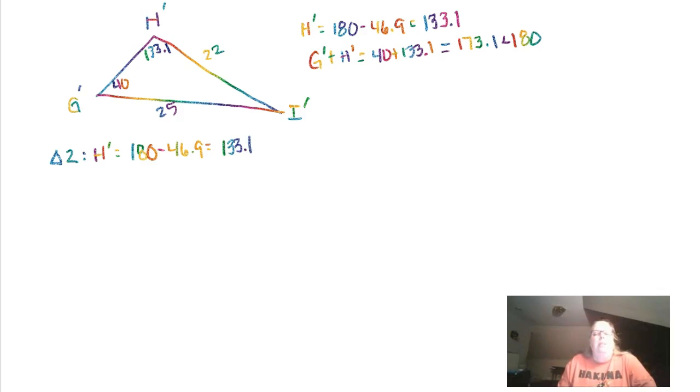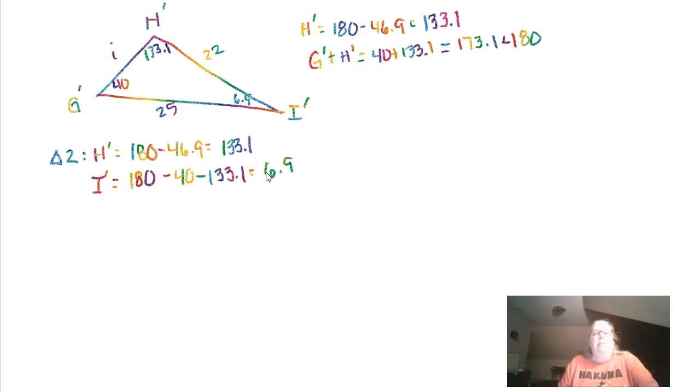And now we need to find angle I and side I. It'll probably be easier to find the angle I first. Actually, we have to, because we can't get over to the side I without it. Okay, so there's 180 degrees in a triangle. We're going to subtract off angle G. We're going to subtract off angle H prime. And this is going to give me 6.9. So this angle right here, 6.9. Very, very small angle there.